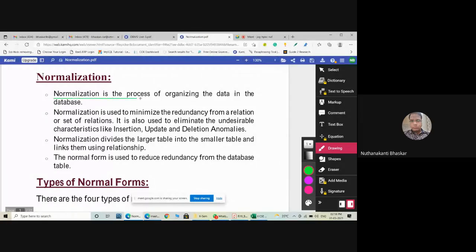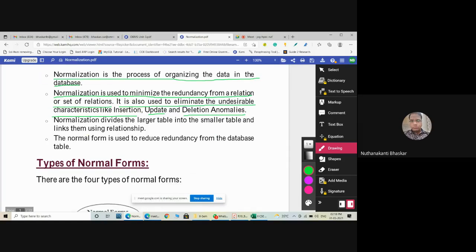Normalization is the process of organizing the data in the database. Exactly. Normalization is used to minimize the redundancy from a relation or set of relations. It is also used to eliminate undesirable characteristics like insertion, deletion, and updation anomalies.